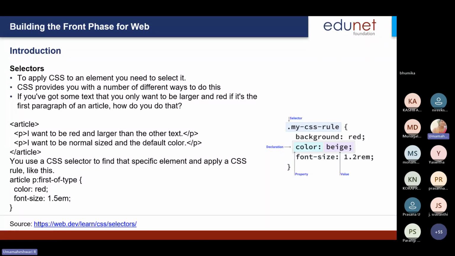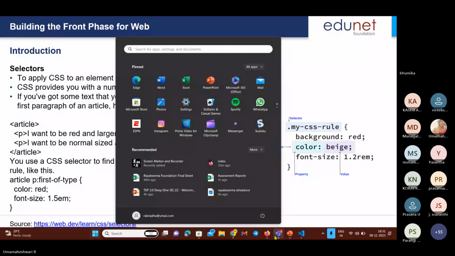So I'll be using the CSS selector to target that specific element: article, the element name, then the paragraph and colon, and then first-of-type. The color is going to be red and the font size is going to be 1.5 em.